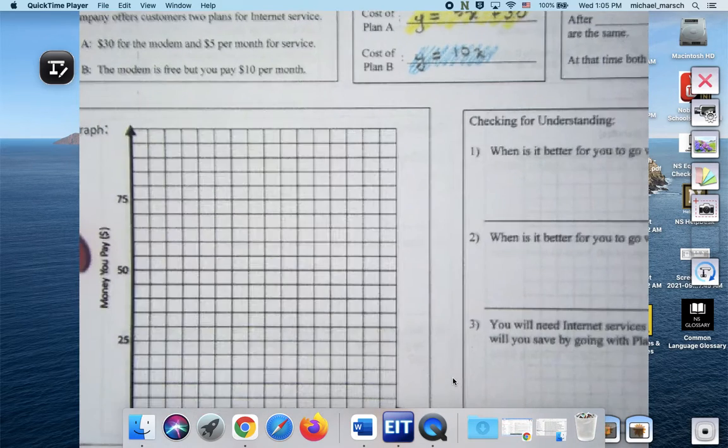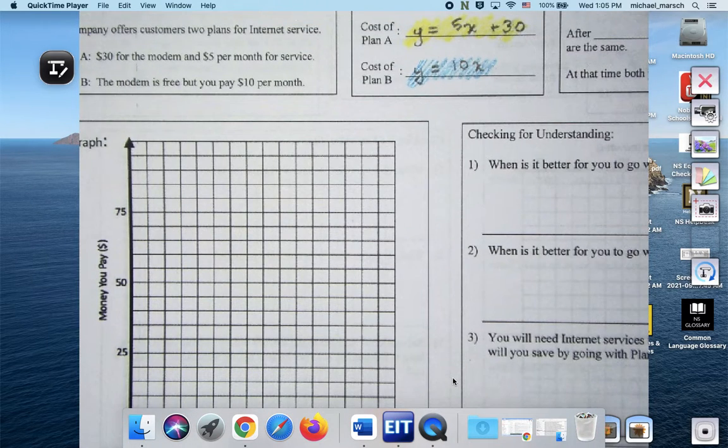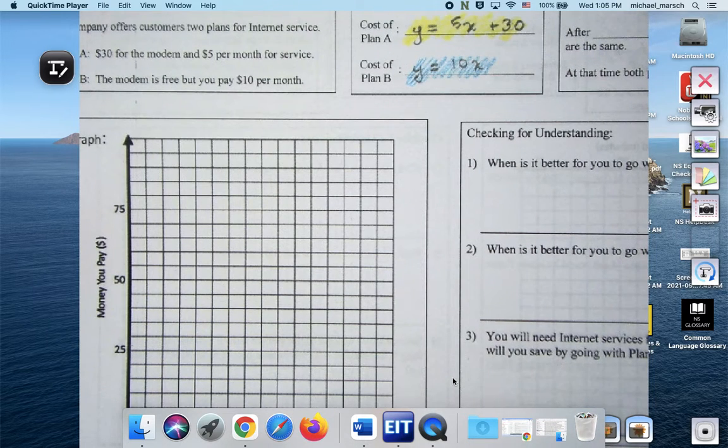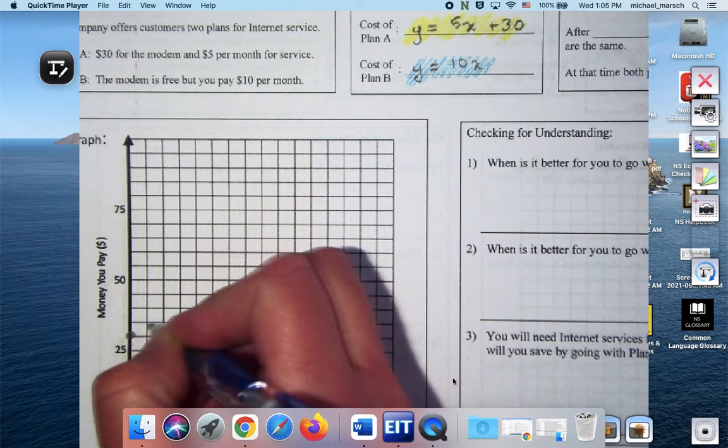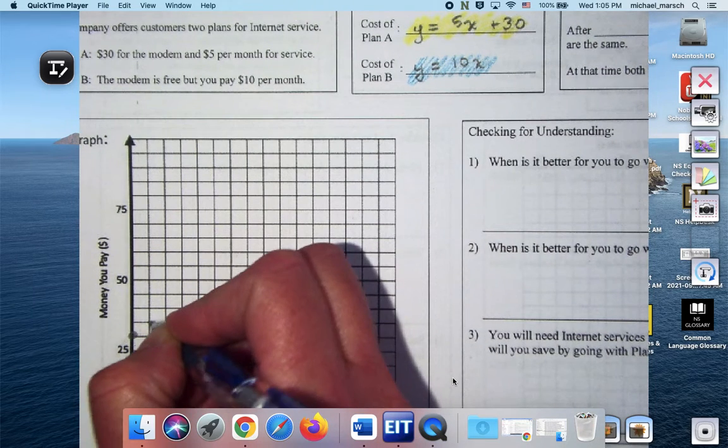Yeah, we'll get the color pencil. Write A and B like you can, if that's easier. Okay, so Plan A, I'm going to start at 30, and I'm going to go up $5 each month.